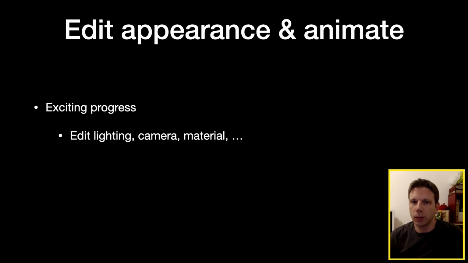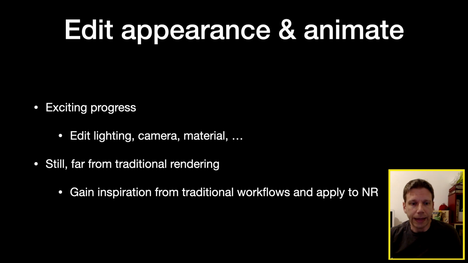Under some conditions, we can edit lighting, camera location, materials, other properties. However, there's still a gap when we compare to traditional rendering. Personally, I think that we can really gain inspiration from traditional editing workflows and investigate how to reproduce them under the very different rule set, which is neural rendering. I think that's the exciting research here.